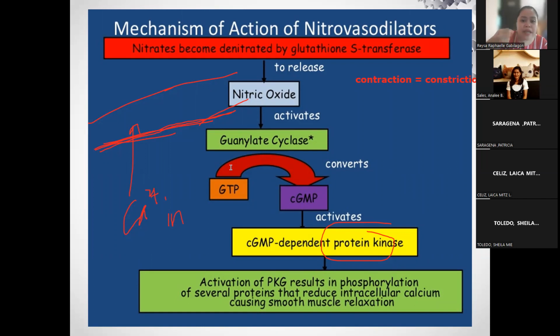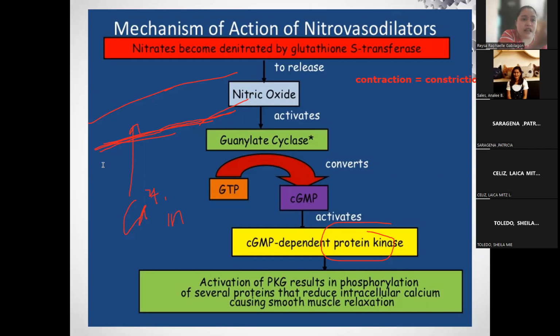So, ang gagawin, ito yung mga proteins class, ma-activate yan siya. Tapos, yung daanan ng calcium, papuntang cell, magiging like close siya, magkakaroon ng reduction ng pagpasok ng calcium inside. So definitely, there will be no contraction. Instead, magre-relax yung blood vessel.